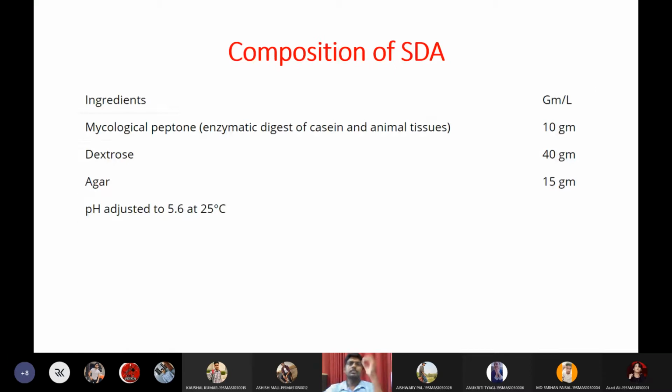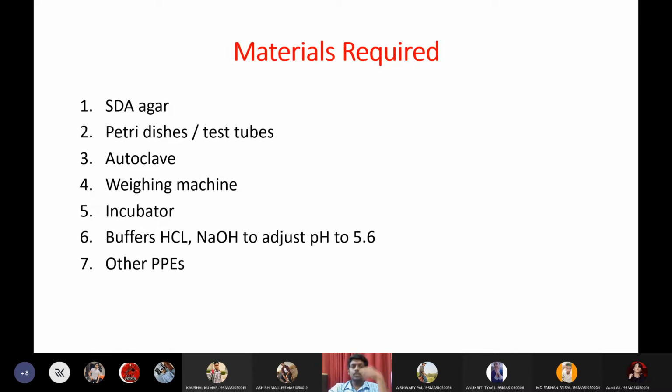Then what is the composition of SDA? Here in the beginning I said SDA agar. This is a ready-made powder which is available in the lab, students. Directly we can take this powder and prepare the media. But in that SDA, we will find these particular key components.